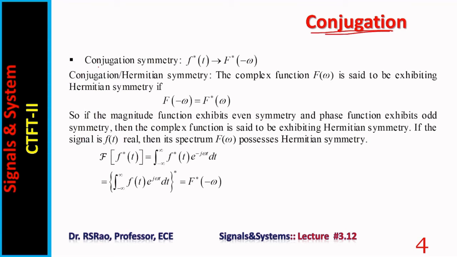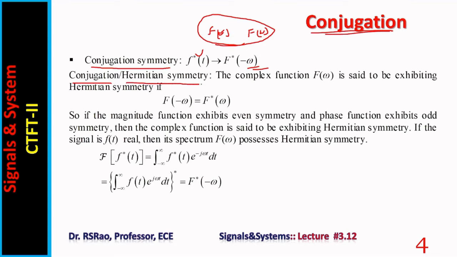It is usually referred to as conjugation symmetry. f of t conjugate, star indicates conjugate, its Fourier transform is conjugate of F of minus omega. Notice in all these descriptions, f of t and capital F of omega are a transform pair.